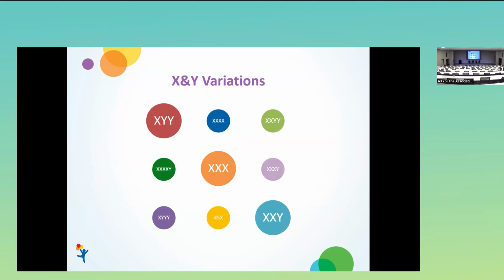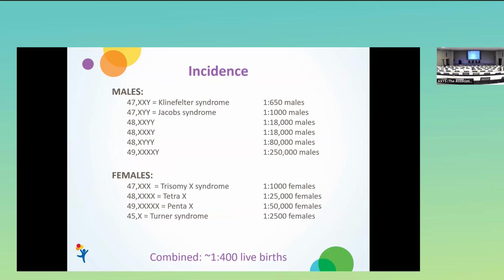So the bottom line is there's a lot of different X and Y variations. This picture represents the different variations that we can see, also reflected in the size of the circle by how common the trisomies are in comparison to some of the other aneuploidies. And the incidence that we can see is also quite variable.